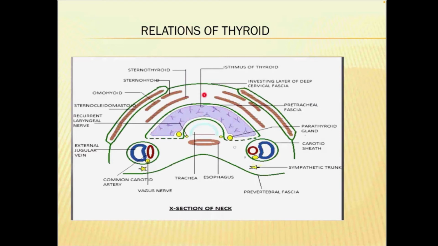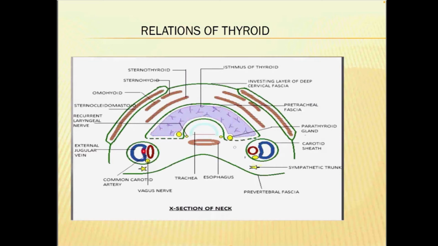Other vascular structures related to the thyroid are the external jugular vein, common carotid artery, vagus nerve, and the sympathetic trunk. The neurovascular bundle is related laterally and posteriorly, posterolateral to the thyroid gland.